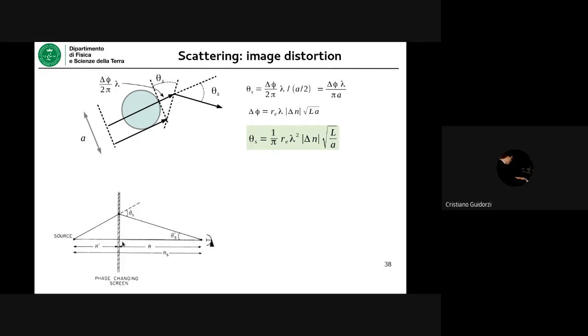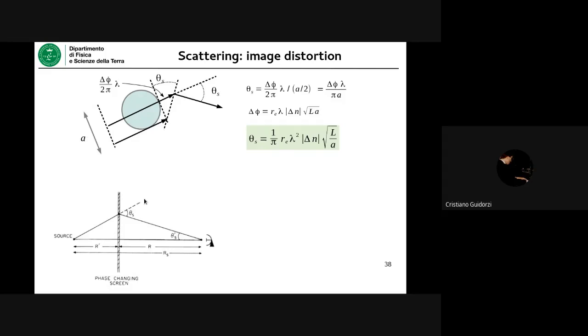Well, with the distance between the screen itself and the observer, which we call capital R. So this is the case as long as r prime is much greater than r. If this is not the case, as in this figure here, you see that the two are comparable. R prime is not negligible with respect to r.